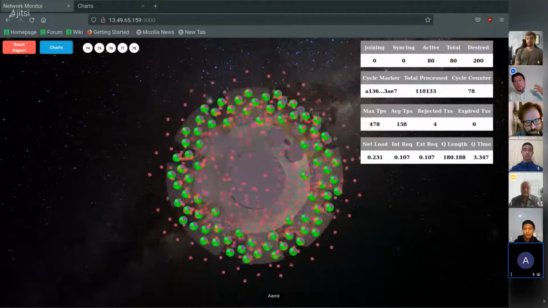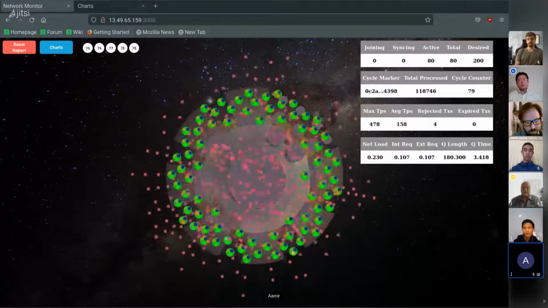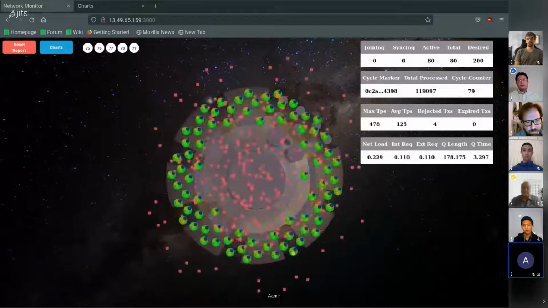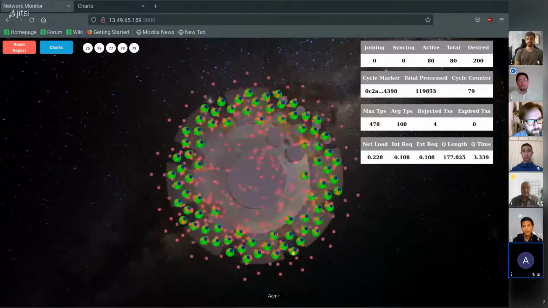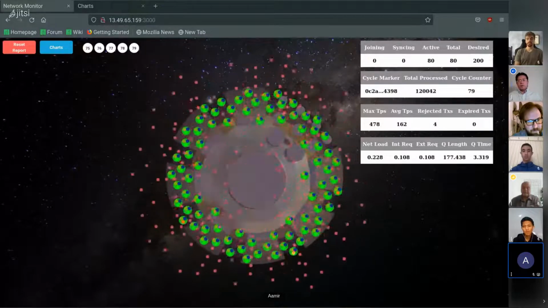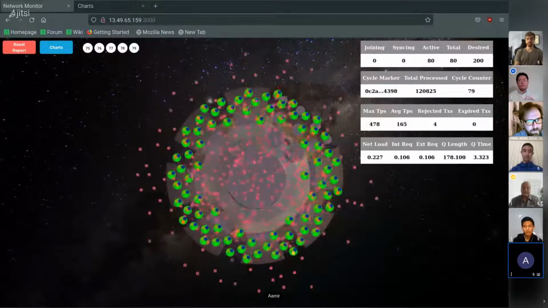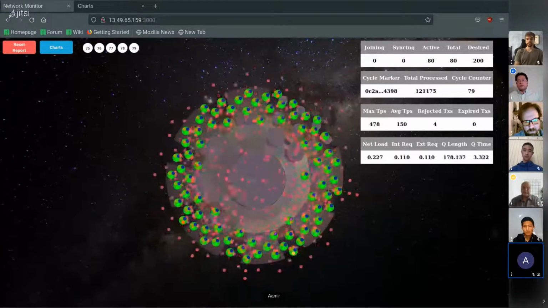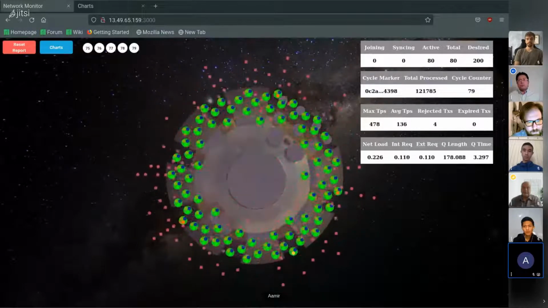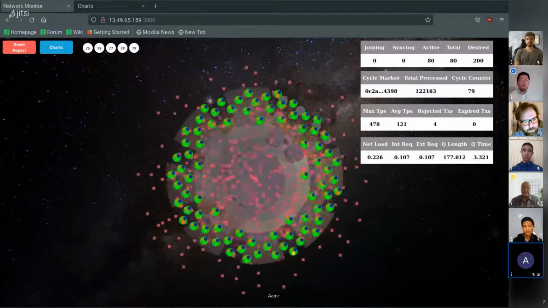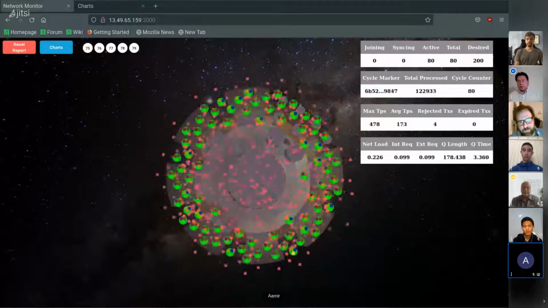So if some miners went away, there's still a whole bunch of other nodes out there that can jump in and start producing blocks. Okay, so now these new networks, like the Binance Smart Chain, Polygon, Solana, Algorand, the way they're achieving their high throughput is by reducing the number of nodes in the network.